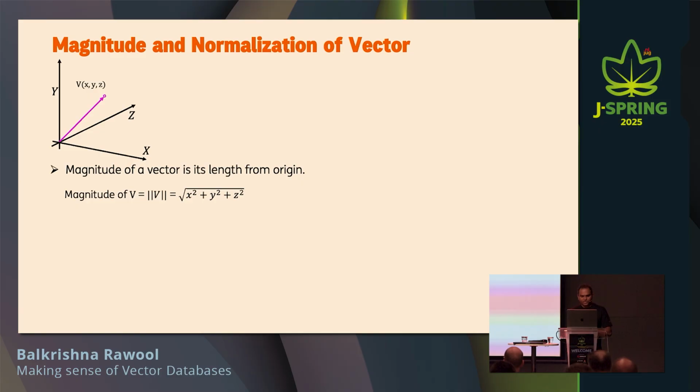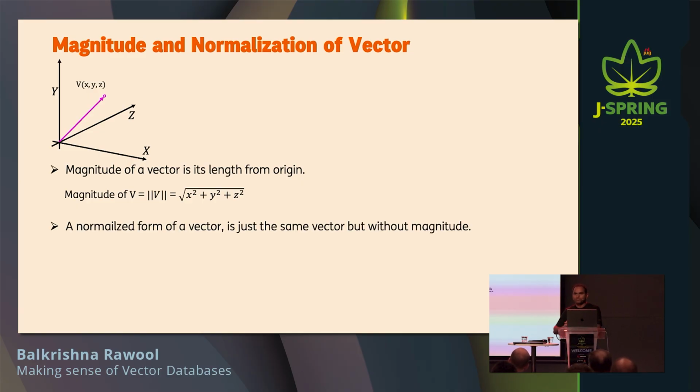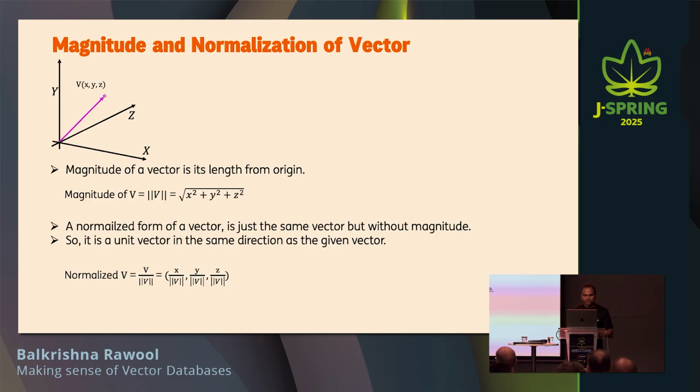And then normalization or normalized form of the vector is nothing but the vector but without its magnitude, which means it is unit vector in the same direction. So basically magnitude is a vector without its direction, and normalized form of vector is vector without its magnitude. So in this case, the unit vector would simply be this vector divided by its magnitude.